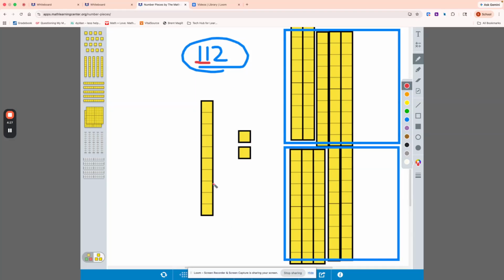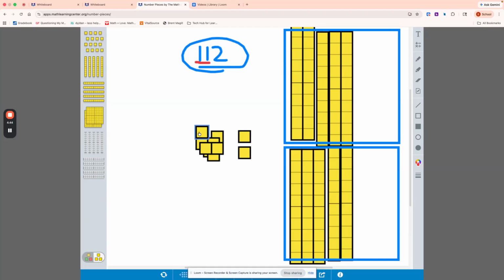12 altogether. So I'm going to change this 10 piece into ones, right? So 1, 2, 3, 4, 5, 6, 7, 8, 9, 10. Now I can divide these into the groups.